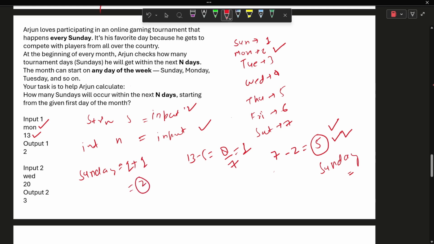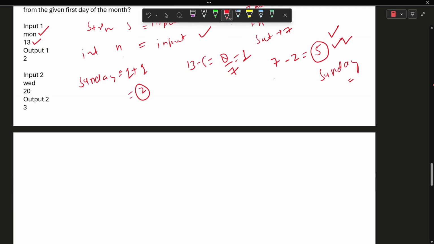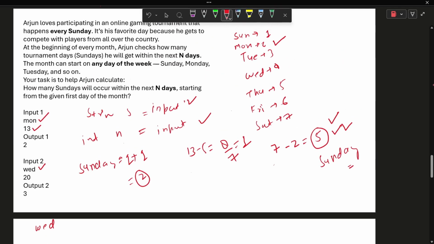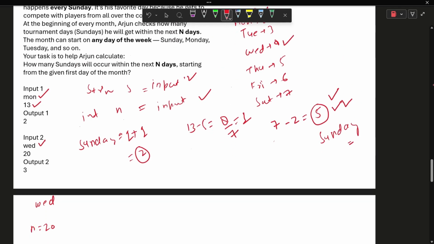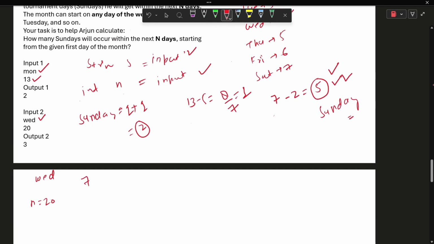Now let's solve the next one. The month is starting from Wednesday, and the value of n is 20. What is the value of Wednesday? Actually 4. If we do 7 minus 4, it becomes 3.